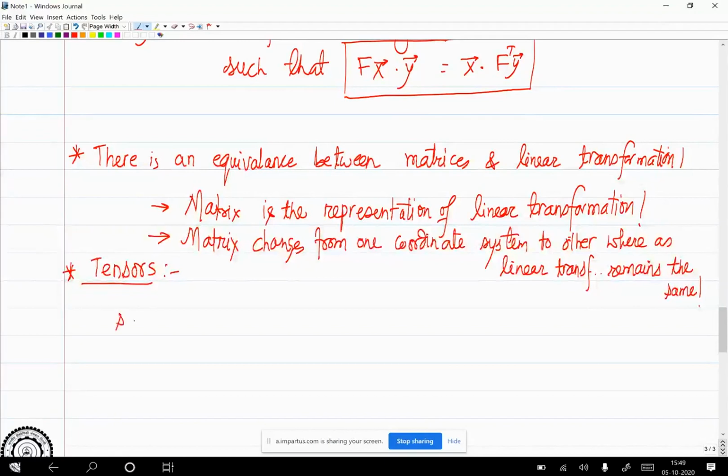Scalars, for example, are called zeroth order tensors. Vectors are called first order tensors.